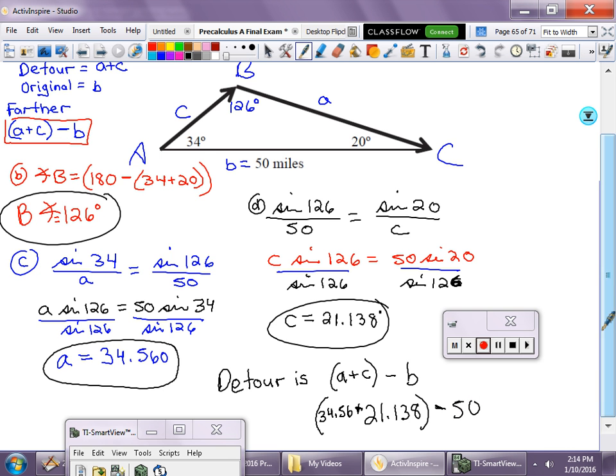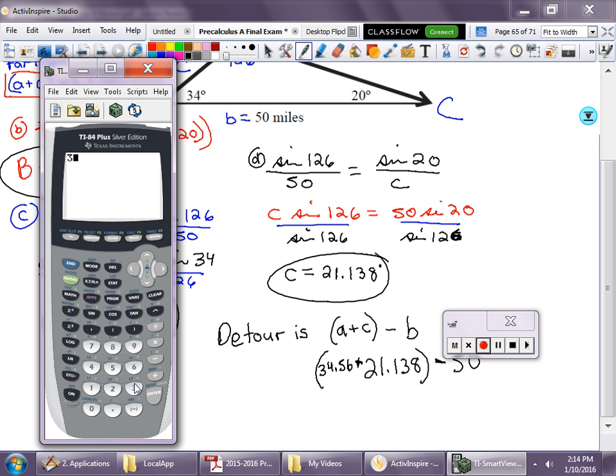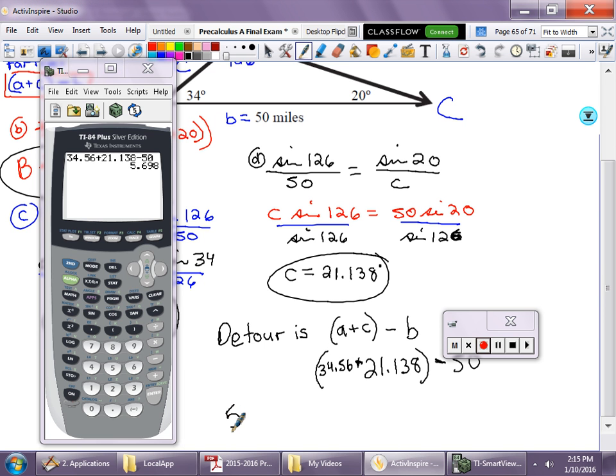All right, 34.56 plus 13.8 minus 50. Detour is 5.698, and I guess this is miles longer.